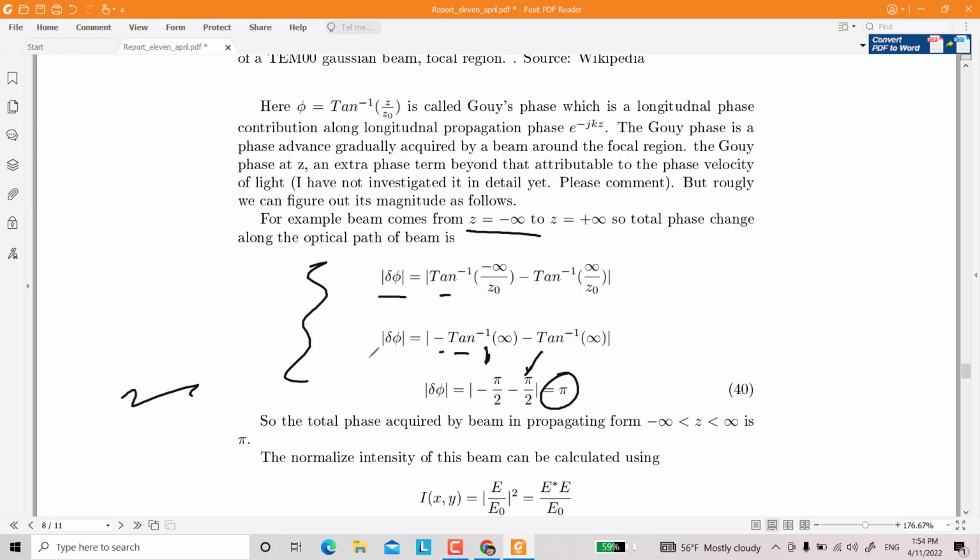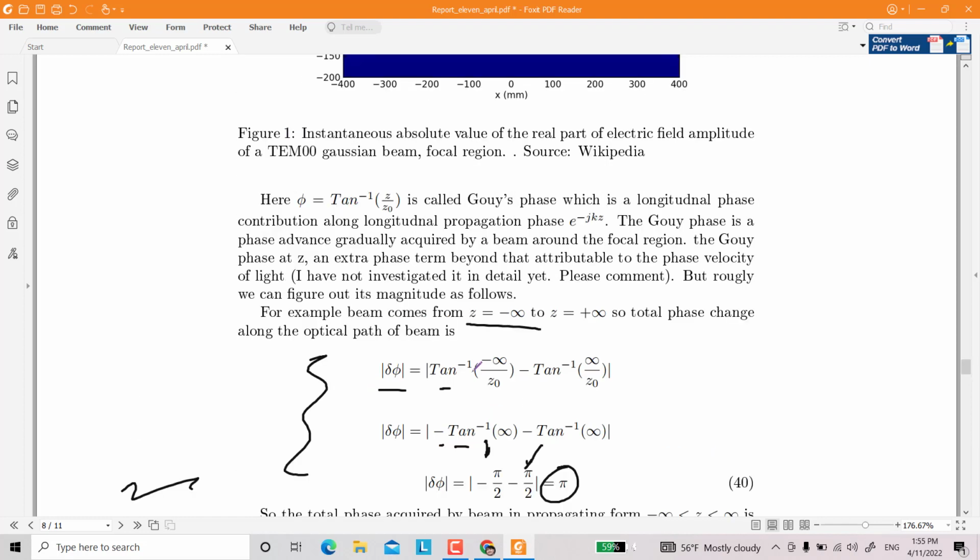So due to the Gouy phase, this beam, when propagating from minus infinity to plus infinity, gets an additional phase of pi. But if you are not interested in saying the beam is coming from minus infinity, rather you say I'm discussing my problem while assuming my beam waist to be at the origin, and the beam is going towards plus infinity, then there will only be a Gouy phase of around pi by 2 radian. So this is the Gouy phase.